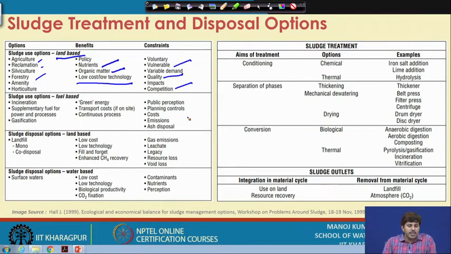Then we can go for fuel-based sludge use options, such as incineration, gasification, or using sludge as a supplementary fuel for power and various processes. The benefit is that it is a form of green energy because we are using waste material to generate energy.